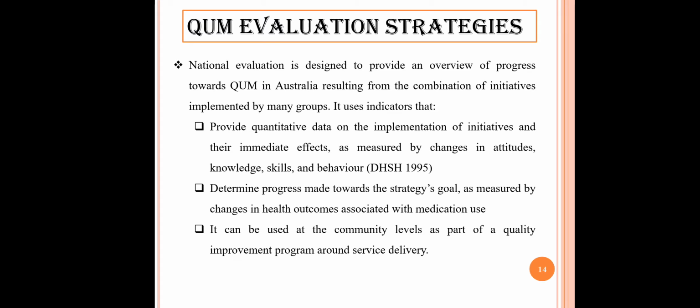It determines progress made towards the strategy's goals as measured by changes in health outcomes associated with medication use. It can be used at the community level as part of a quality improvement program around service delivery.